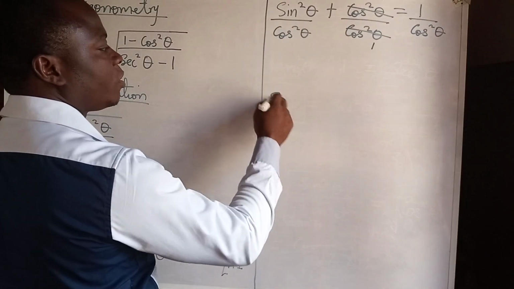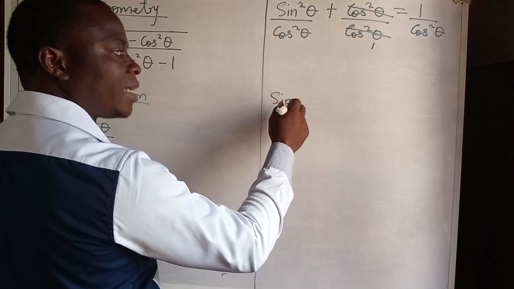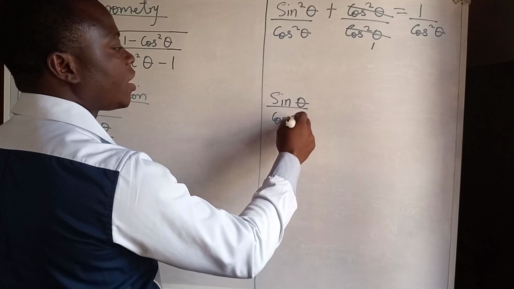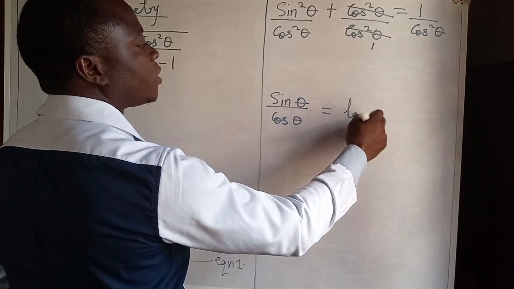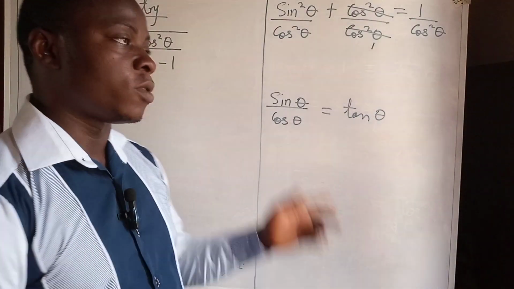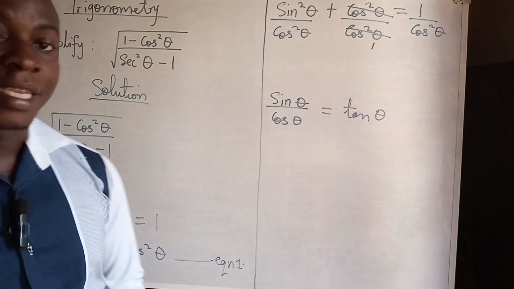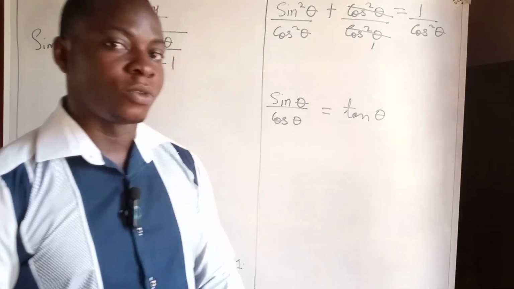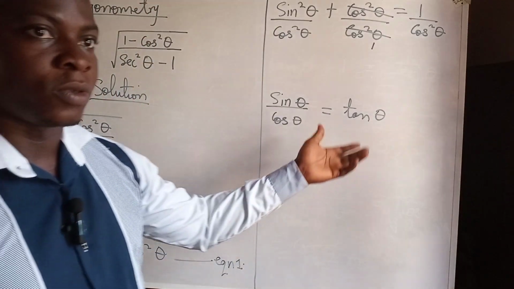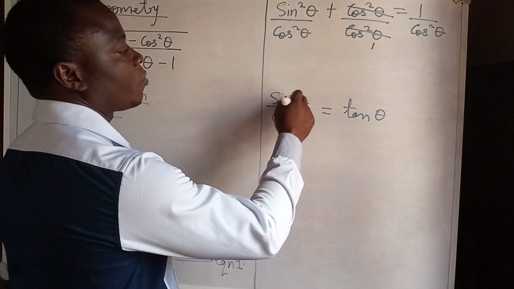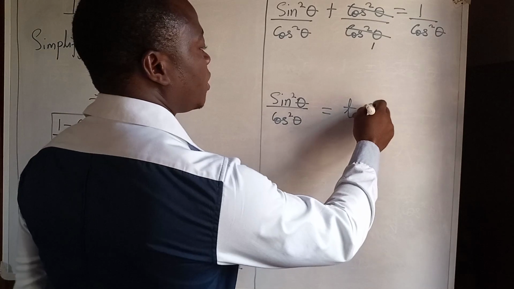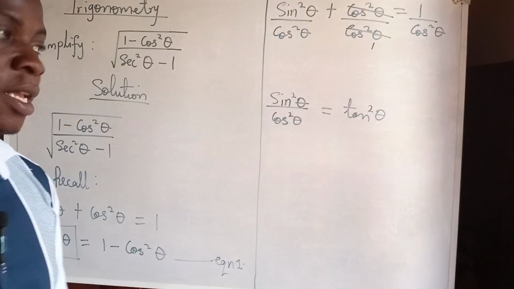Now we are familiar that sine theta over cos theta is equal to tan theta. That has also been proven and found to be very true. So sine squared theta over cos squared theta is going to be tan squared theta.